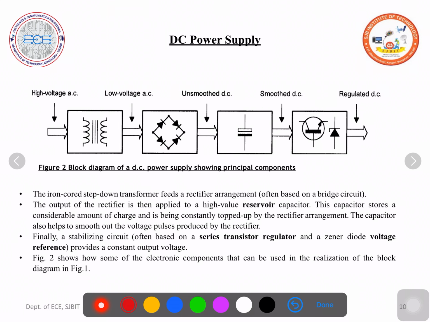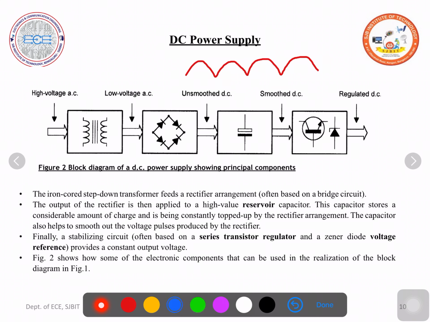So this low voltage AC is applied to a rectifier. Here given is a bridge rectifier. Then the output of the bridge rectifier is unsmoothed, you will get the pulsated DC, something like this. Then it will be smoothed using a capacitor filter.